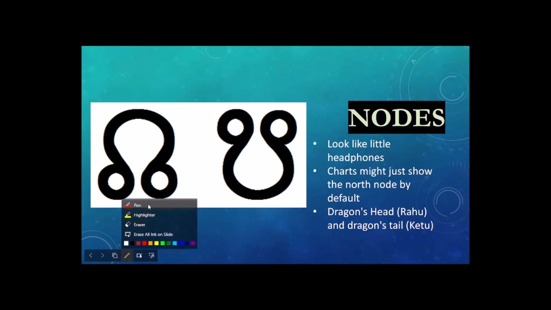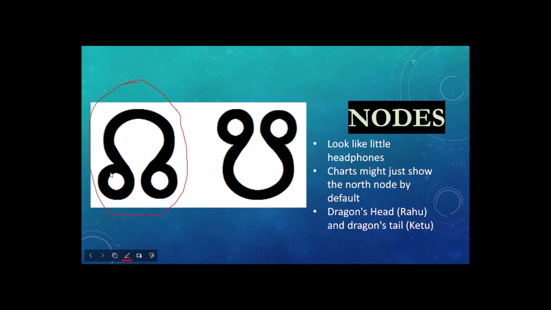I always forget that I have a pen, but yeah. This one appears by default on a lot of charts. So this would be the North Node. It looks like little headphones or a cute little Carol Brady hairstyle, I guess.